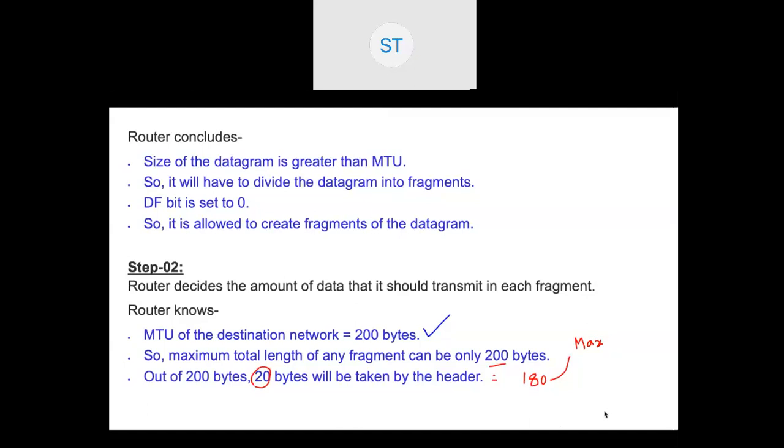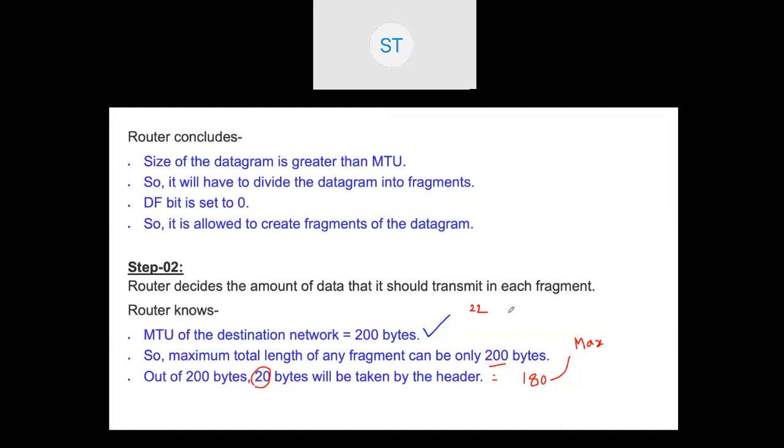So what number? Divide 180 by 8. 22 is coming. So 22 into 8, what is that number? 176. Yes. So 176 is the payload and 20 is the header, so a total of 196 will be carried in the network.